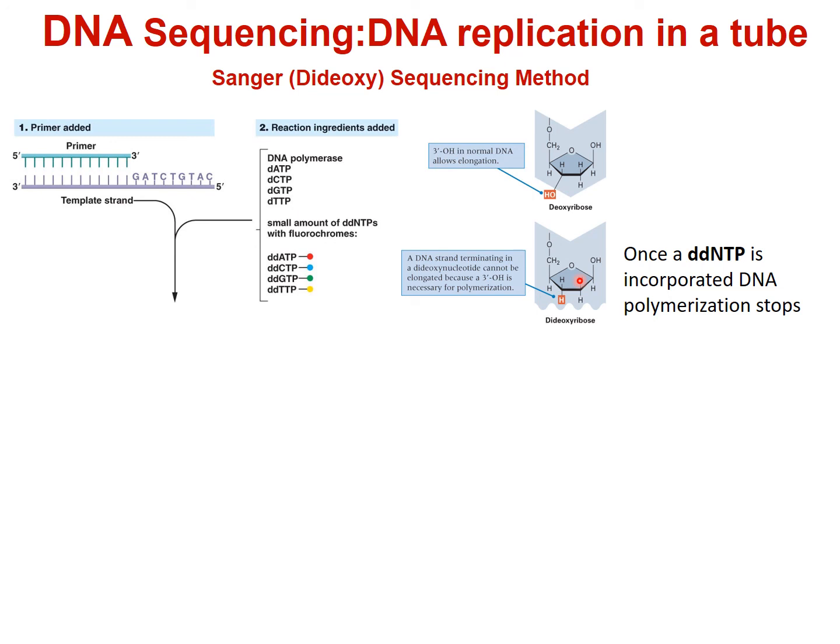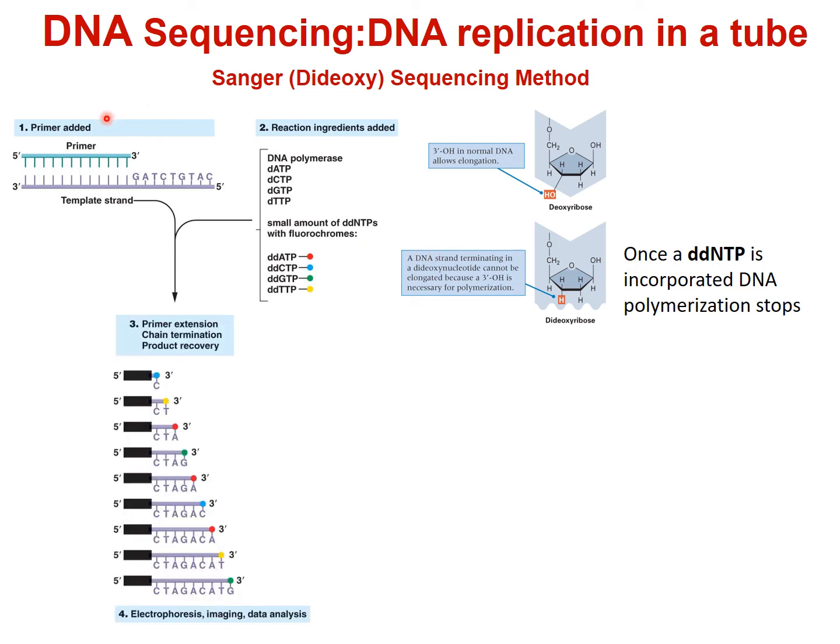Any incoming nucleotide cannot be attached to this. So once this dideoxynucleotide triphosphate gets incorporated, polymerization stops, and we'll proceed no further. Okay, so what happens? We mix all these together.